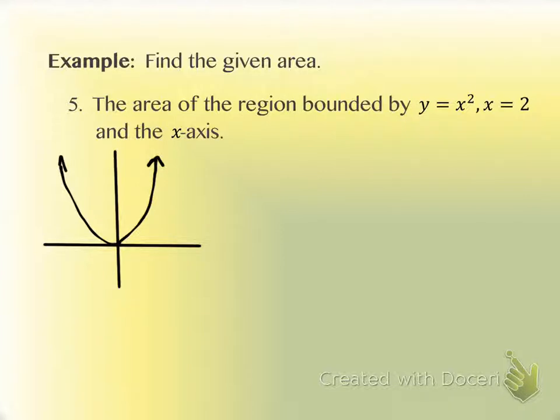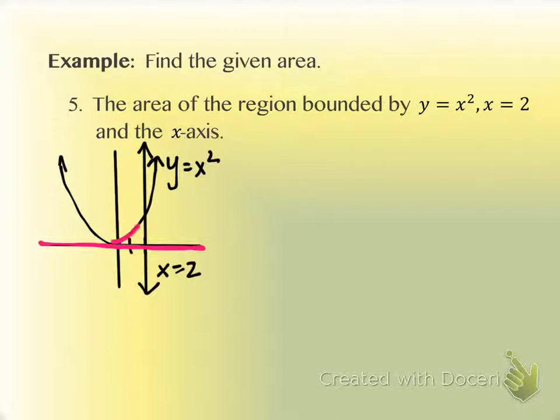You guys know. It's a vertical line, yes. So I'll draw my vertical line something like this. So this was y equals x squared. This is x equals 2. And then your x-axis is the one on bottom, right? So I'll put it in pink just so that we've got it.